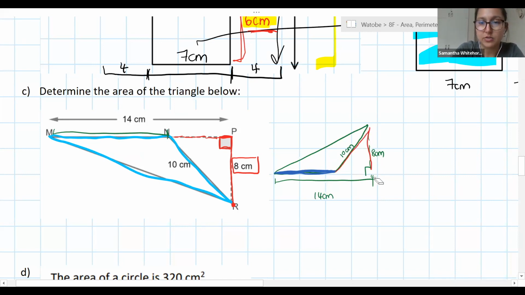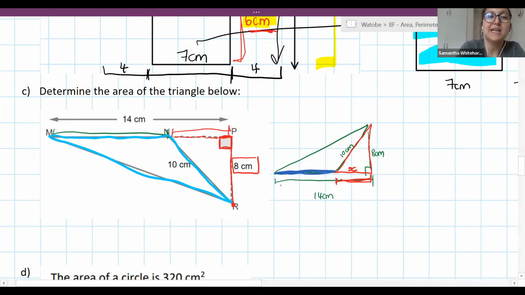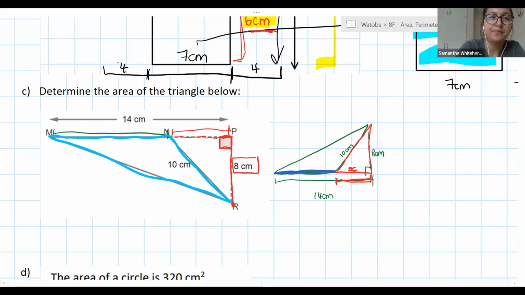We have a right angle triangle, didn't get better. Third time's a charm, right? A right angle triangle. And so if I work out this length over here, we can call it x or we can call it NP, I can subtract that from 14, and I will then be left with whatever my base length is. So essentially, by using Pythagoras, I'm eventually able to get to my base length.